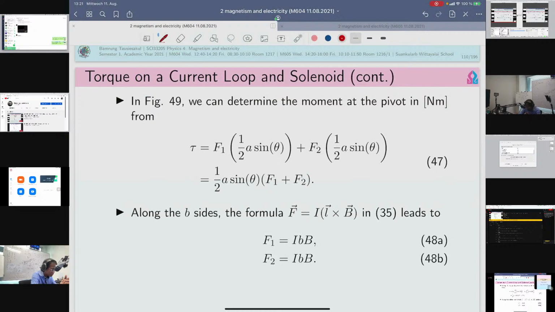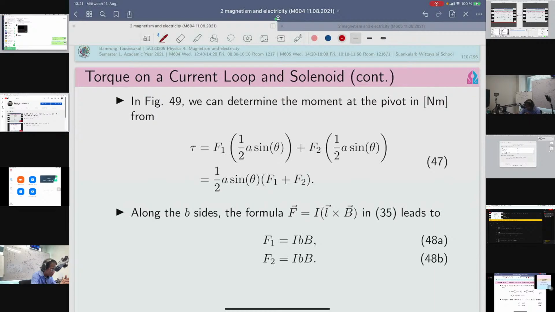All right, A by 2, this is what I have already provided here. But this one is the situation where here is the normal vector of the plane, and the angle between the normal vector and the magnetic field B is the right angle.